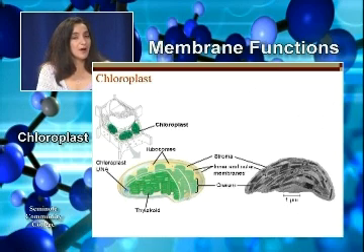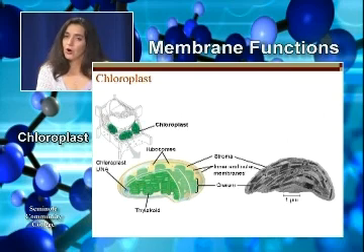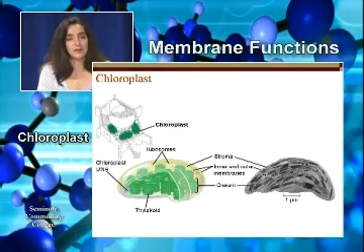So to recap, our mitochondria and our chloroplasts both contain DNA. They both contain ribosomes. Plants and animals both have mitochondria, but plant cells only have the chloroplast. And it's only the photosynthetic plant cells themselves that contain the chloroplast.